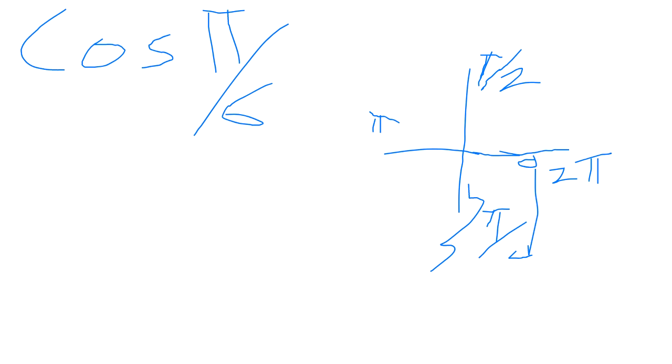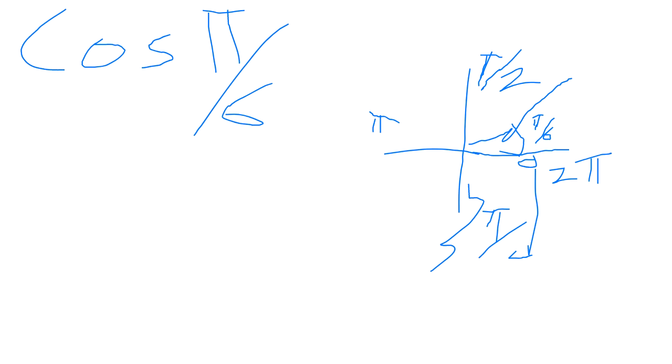Okay, good. So here it is positive, so it's going to go anti-clockwise. So pi over 6 will be somewhere here. You see that? And your closest angle to pi over 6 is 0 degrees.